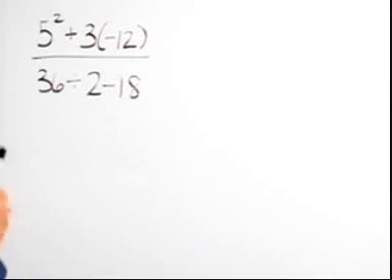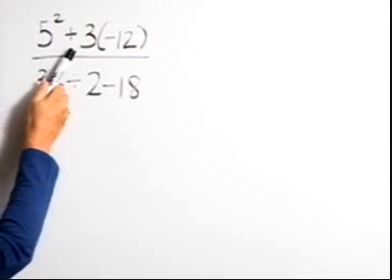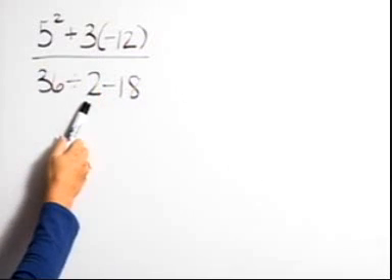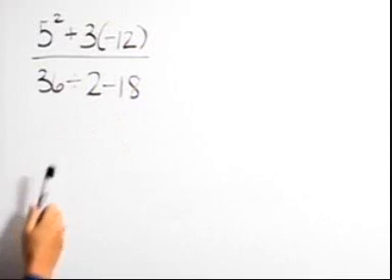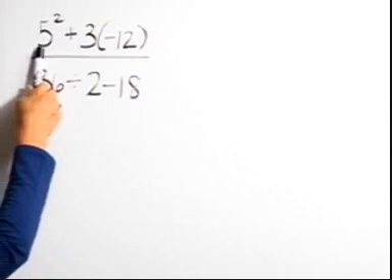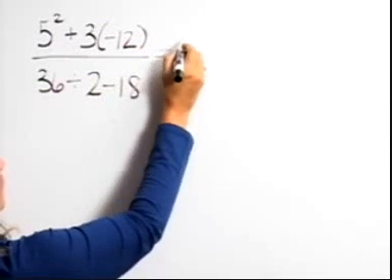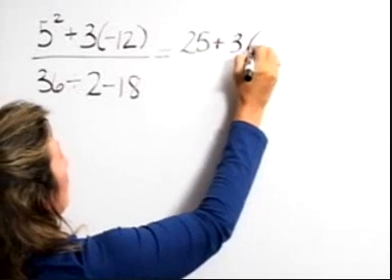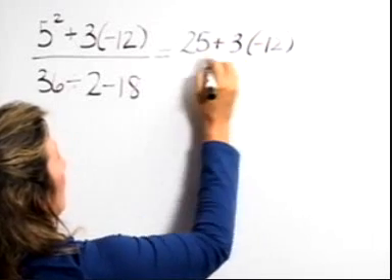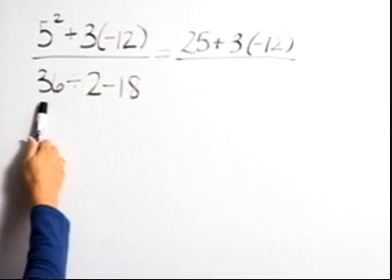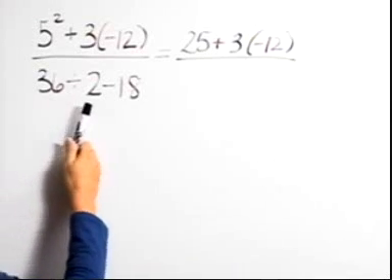We're going to simplify 5 squared plus 3 times negative 12 over 36 divided by 2 minus 18. We'll start by getting rid of our exponent in the numerator, and that gives us 25 plus 3 times negative 12 over. In the denominator, we'll say 36 divided by 2 is 18.